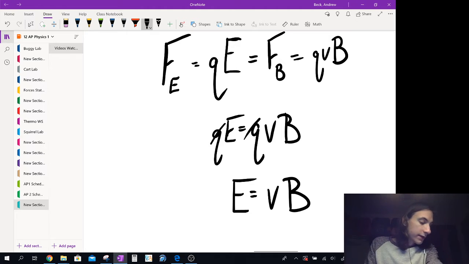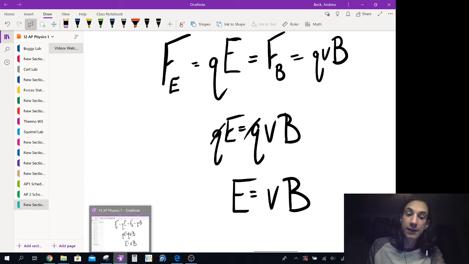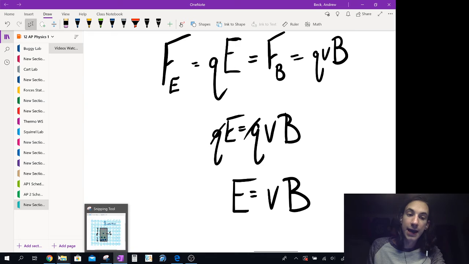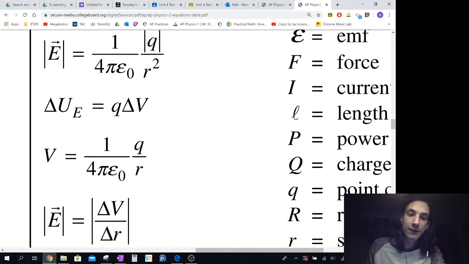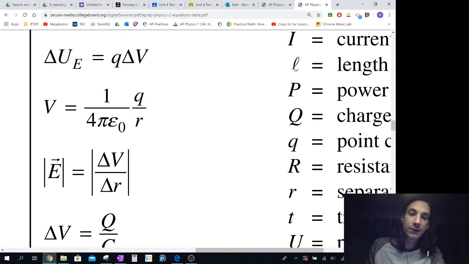Then, this is a little bit tricky, we also have a relationship between the potential, that voltage, and the electric field. We said that relationship was that E equals V over R, where R is the separation between the plates, V is the potential, and E is our electric field.